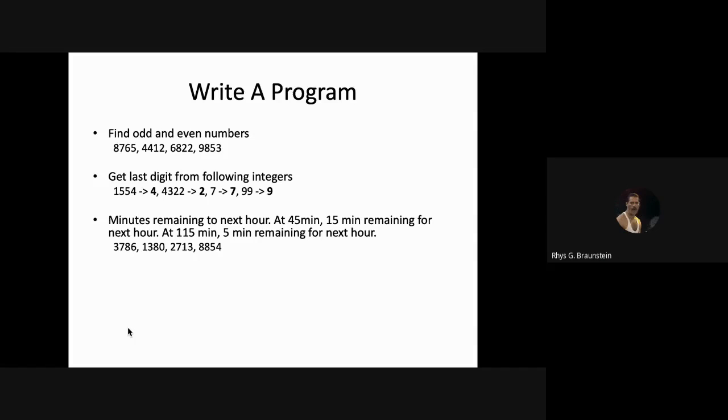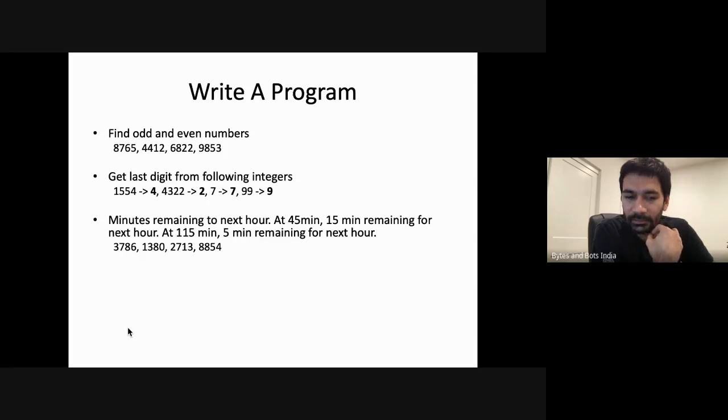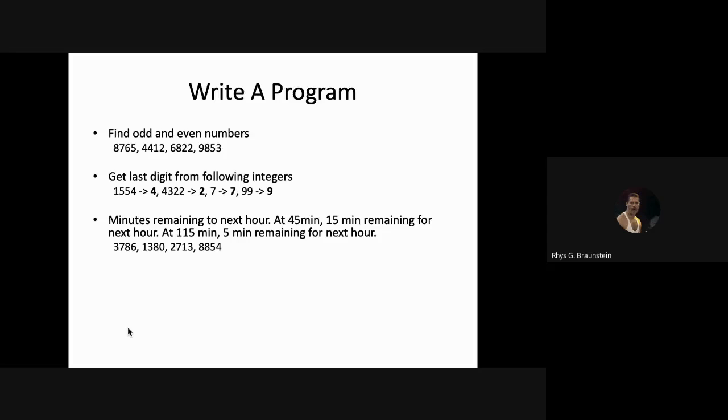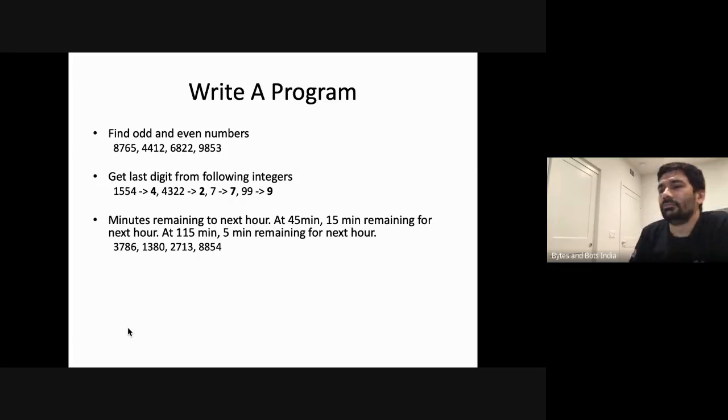Maybe modulo 60. Okay, and so what will modulo 60 give you? The remainder of minutes for the next hour. Is that true? Let's say the example here, so a lot of times the answer is in the question. So it says when it is 45 minutes, it's 15 minutes remaining.